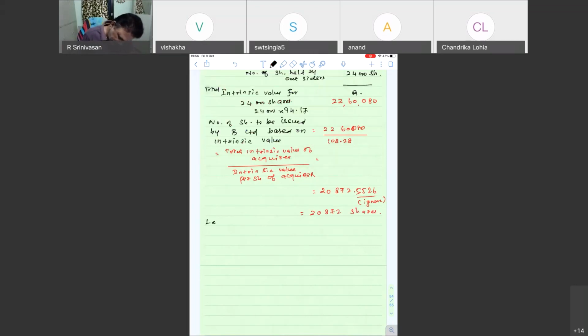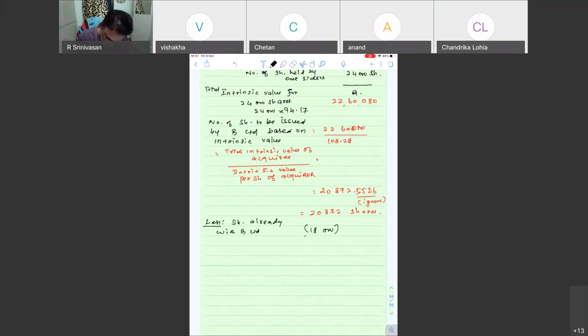Thus, shares already held: how many shares are there already with the company? 18,000 shares are there already.